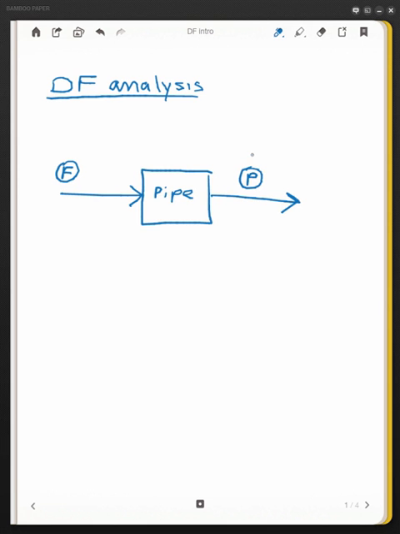So let's suppose we have the system, and all that's happening is that fluid is flowing in, stream F, and we're going to call that water, and we know that 1 gram per minute of water is entering that system, and water is coming out. So that's about as simple as it gets.